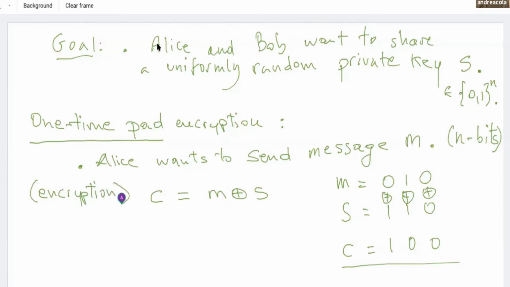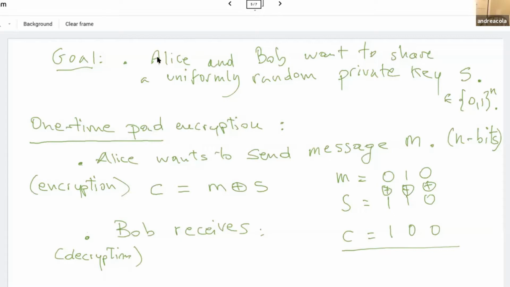Now there's a decryption part. This is the decryption, where Bob receives C. C is communicated in the clear, anybody can listen and see C. But in particular, when Bob receives C, Bob will compute M prime, which is equal to C that he just received plus the secret key.